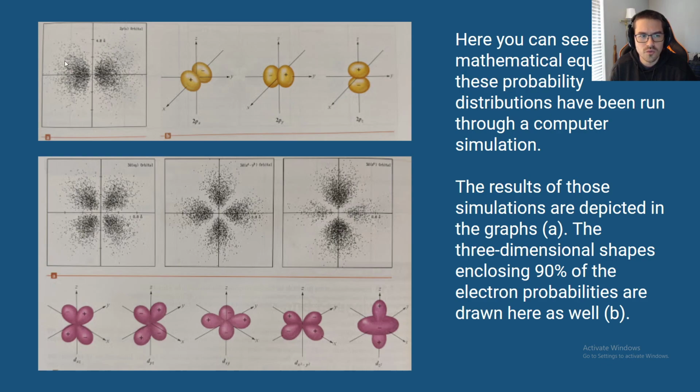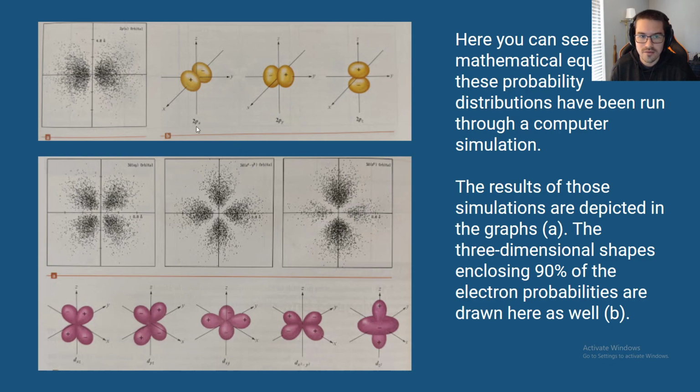It takes the equation, runs it through a simulation, and it sort of shows us these different places where the electron might be, and so it gives you a bit of a mathematical visualization of what the orbital looks like, and then you can take that, right, say where are 90% of these electrons, and you can draw these different orbital shapes.